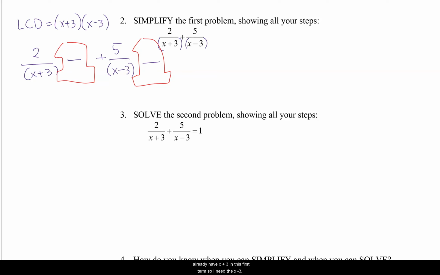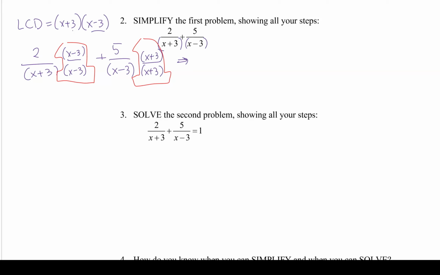I already have x plus 3 in this first term, so I need the x minus 3. But I don't get to just include it in the denominator. I need to multiply by that special form of 1. And similarly in the second fraction, my denominator is x minus 3, so I need the x plus 3, and I have to multiply by that special form of 1.